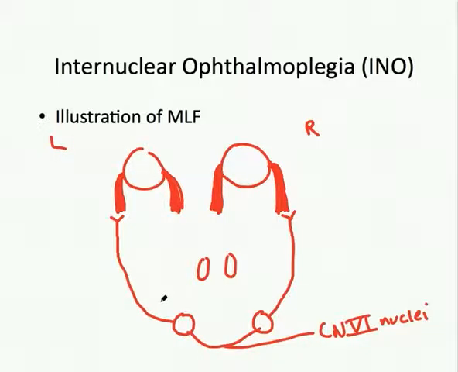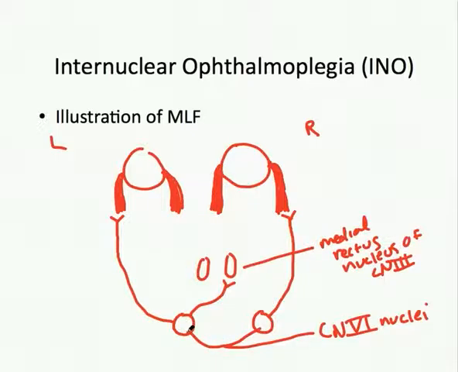Now, the CN6 nuclei also has another projection called the medial longitudinal fasciculus. And the projection from the left CN6 nuclei goes to the right medial rectus nucleus of CN3.